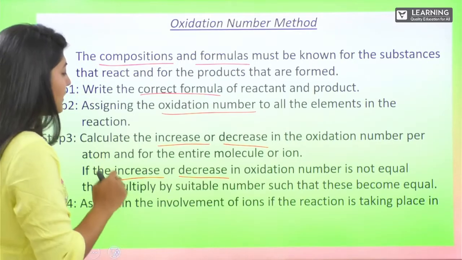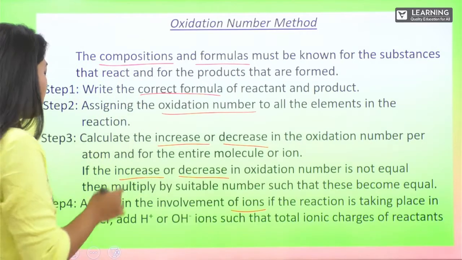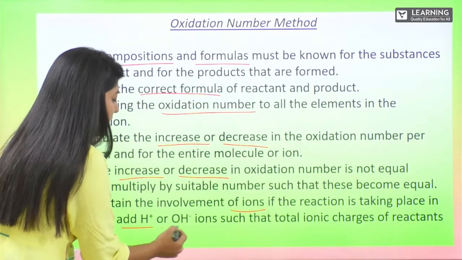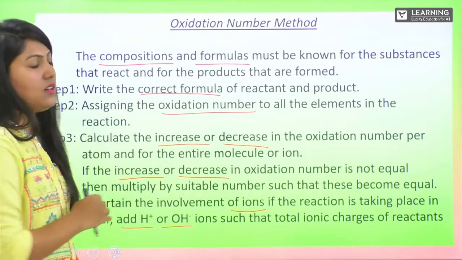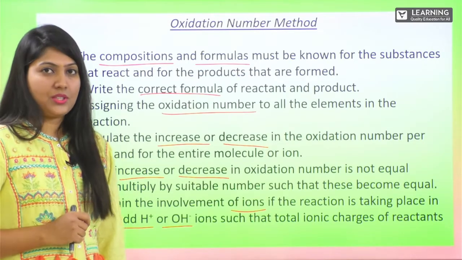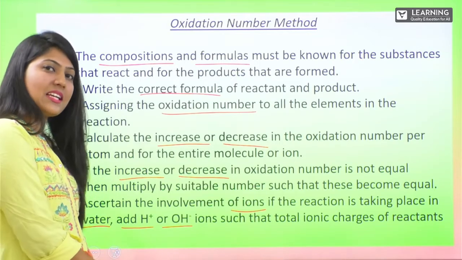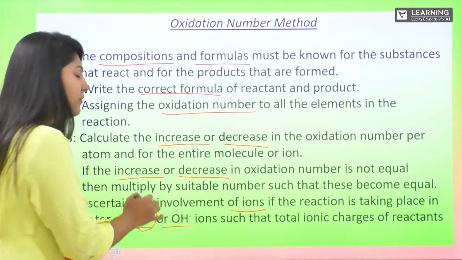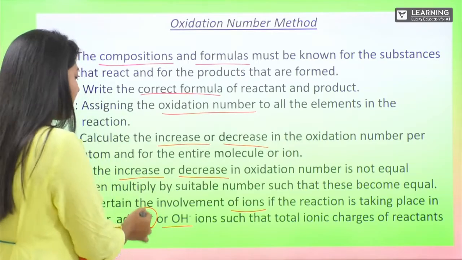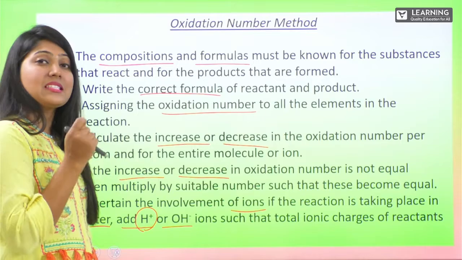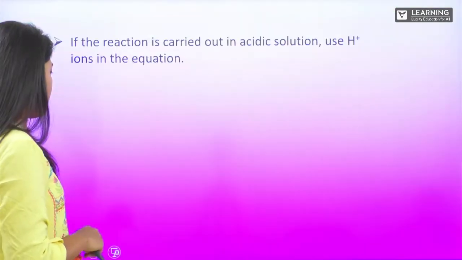If ions are involved in the reaction, water, H plus or OH minus ions are added to the given ionic reaction. If the reaction is taking place in acid medium, we need to add H plus ions, whereas if it is taking place in basic medium, we need to add OH minus ions.